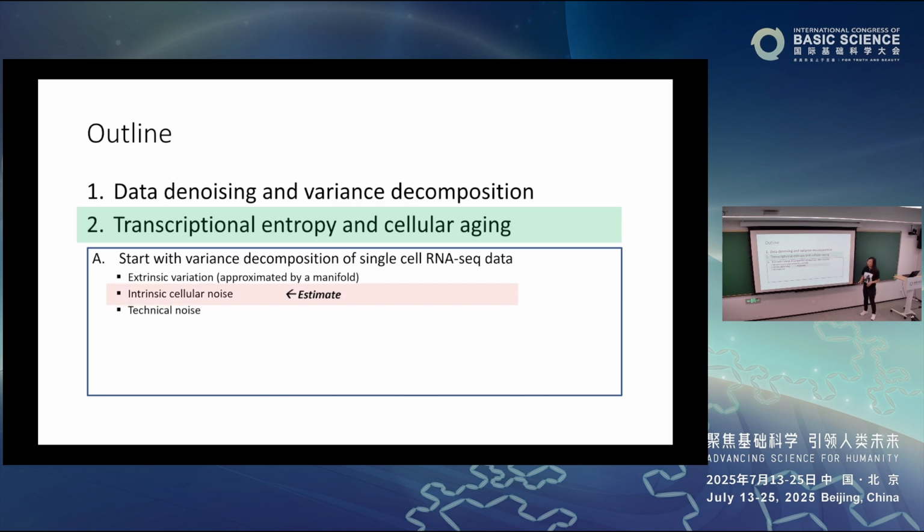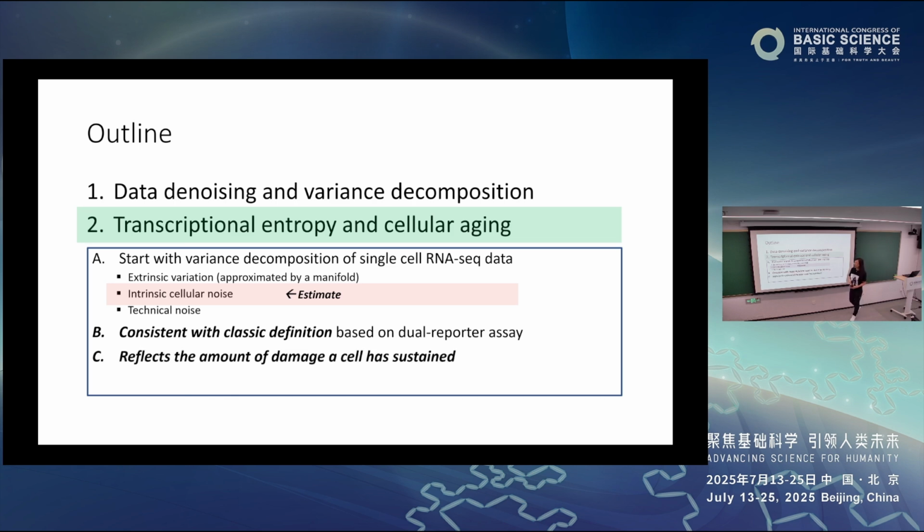Then we formed an estimate of the intrinsic cellular noise, and we showed that it is consistent with classic definitions of intrinsic noise based on the dual reporter bacteria assay. And then we showed that it reflects the amount of damage a cell has sustained, and that it gives us a first-principles-based unsupervised aging clock at single cell resolution.